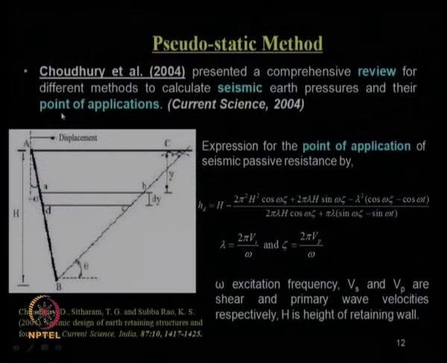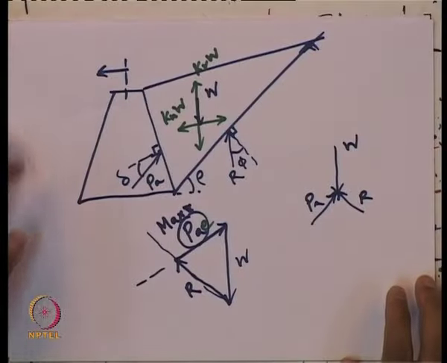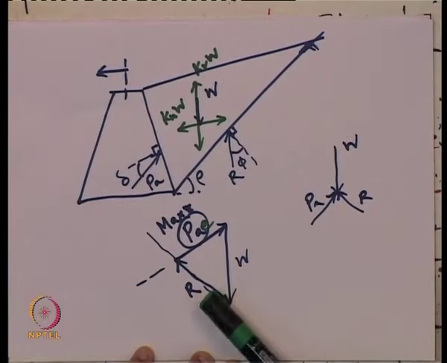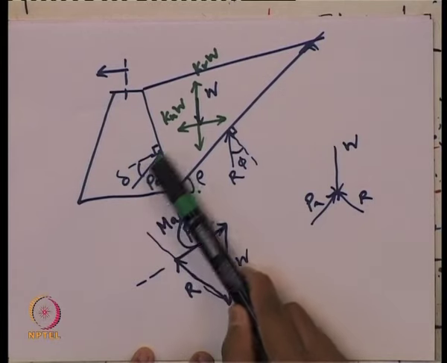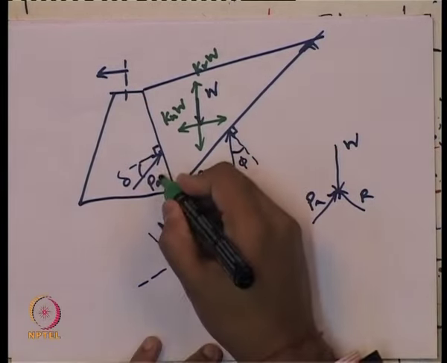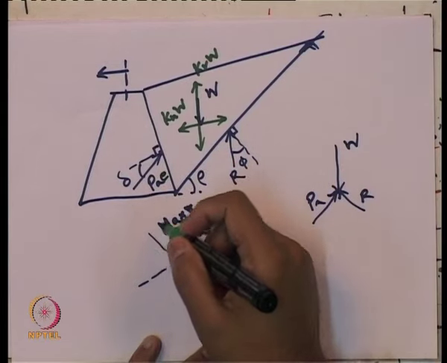Okay. Now, further, that pseudostatic method is again applied to compute the point of application of the earth pressure. Because earlier, if you remember, when we talked about this earth pressure, the point where this total value of Pa, or in dynamic condition PAE, will act is not known.